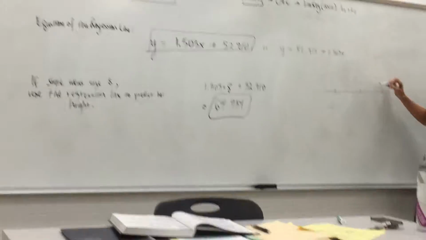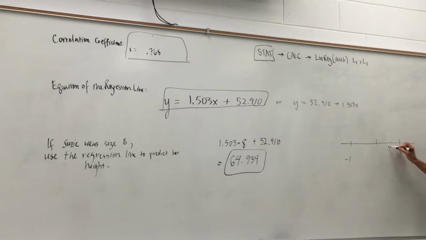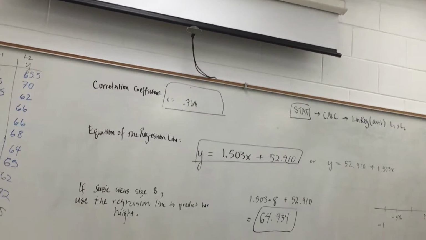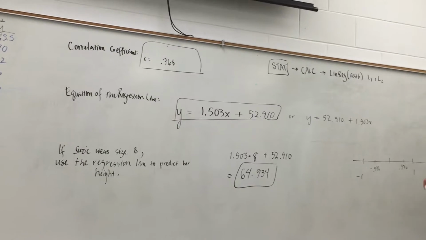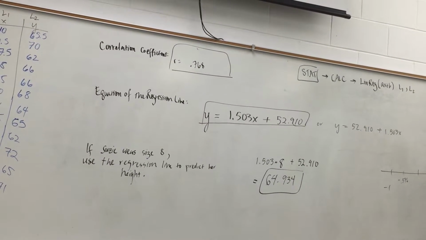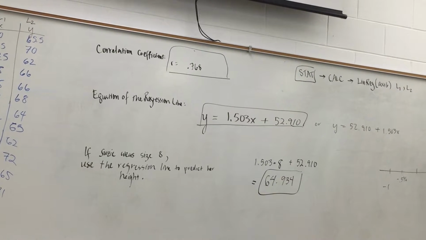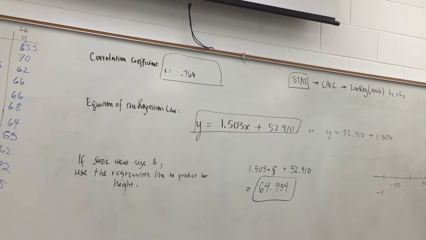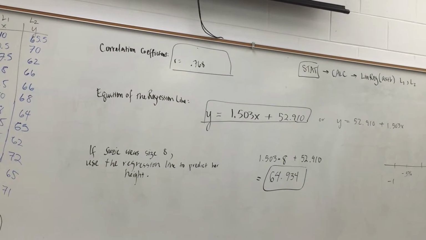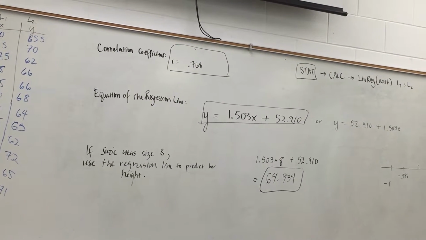So these cutoffs, 0.576 and negative 0.576, are what we consider strong enough to support a claim of a linear correlation. So since we're at 0.768, we're good, right? All right, so we'd say yes, that's statistically significant.